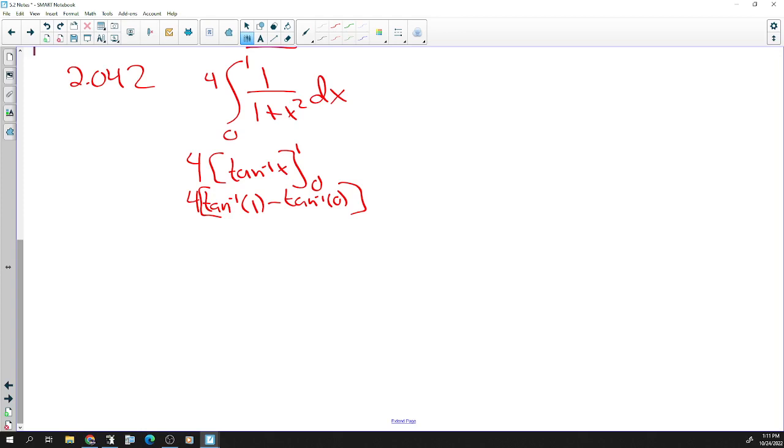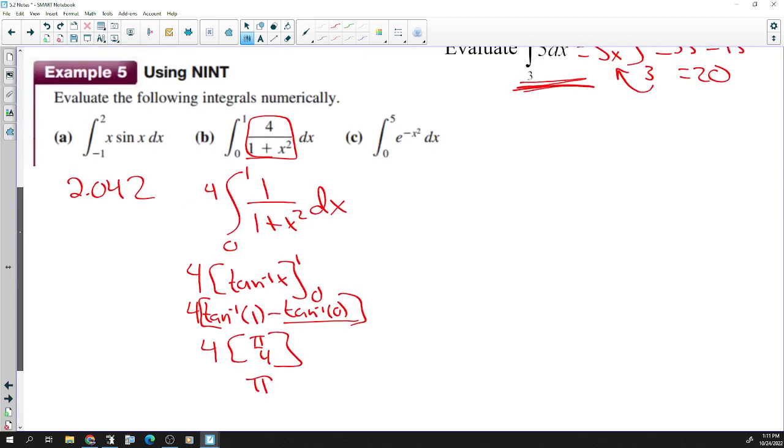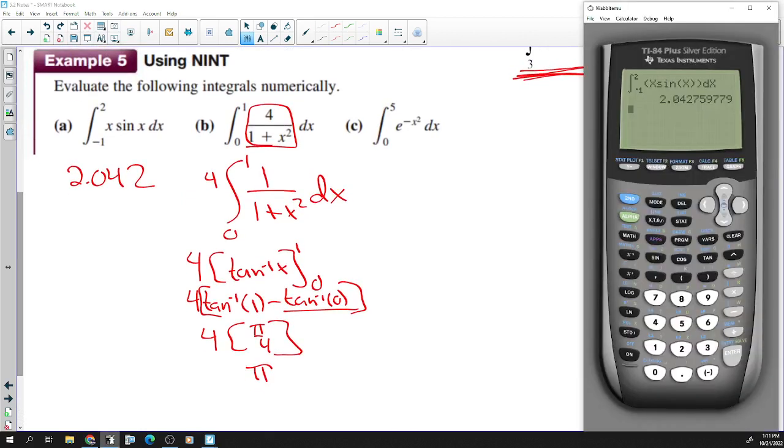In other words, what do we take the tangent of to get 1? Which is pi over 4, and inverse tangent of 0 is 0. So when I plug this in the calculator, I'm looking for an answer of 3.14159, or pi. Math number 9, we're going from 0 to 1 of 4 divided by 1 plus x squared.